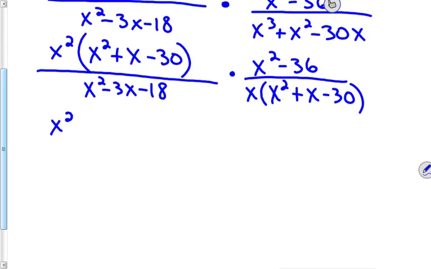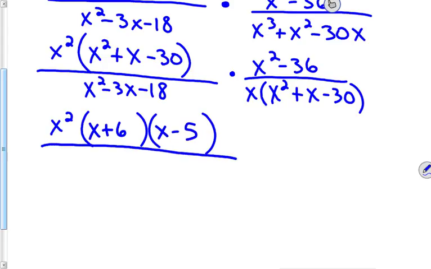I have x squared. This is going to factor into x plus 6 and x minus 5. Right? That all just depends on how good at factoring you're getting. This denominator would factor into x plus 3 and x minus 6.